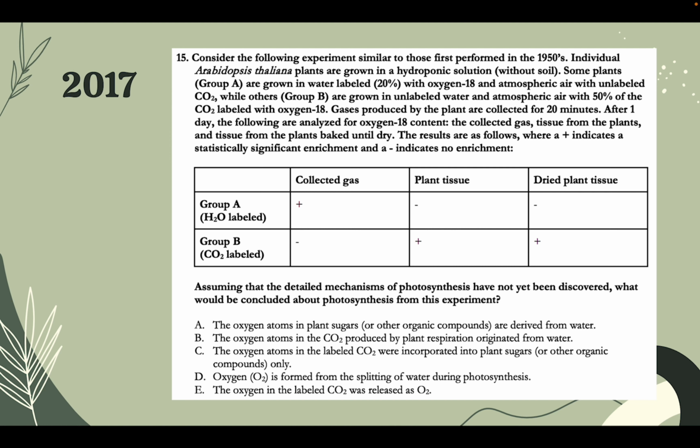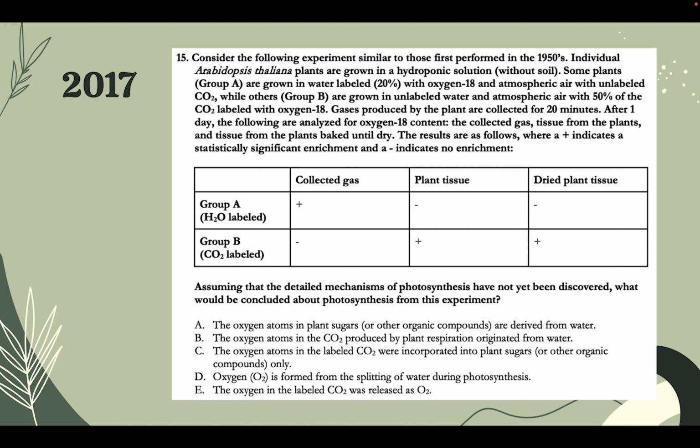And the oxygen atoms in the CO2 produced by plant respiration. There's no talk about respiration. This question is about photosynthesis. And then let's look at C. The oxygen atoms in the labeled CO2 were incorporated into plant sugars only. That's not true. It's not just plant sugars.